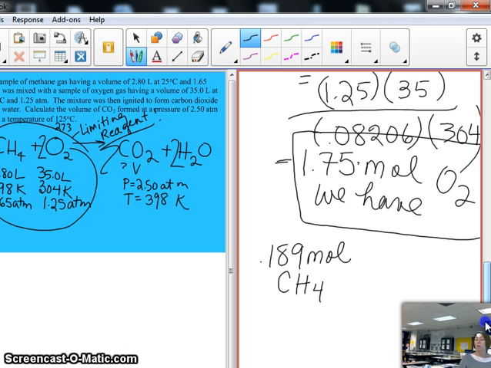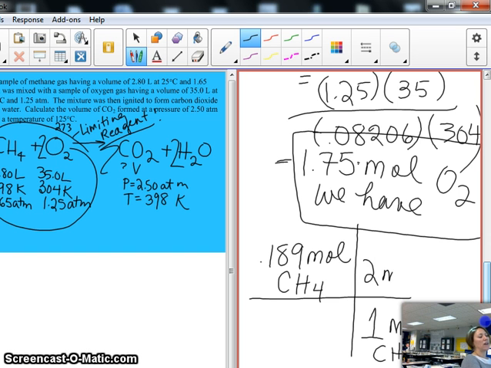So according to the equation, for every 1 mole of CH4, I will need 2 moles of oxygen. So that means if I take 0.189 and multiply it by 2, I get 0.378 moles of oxygen needed.